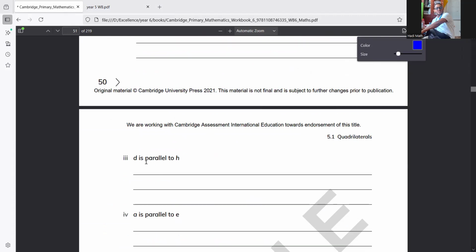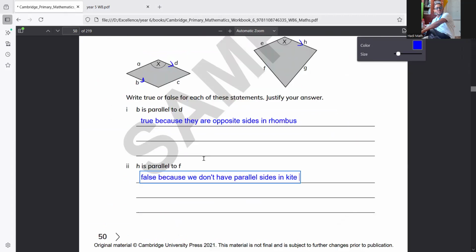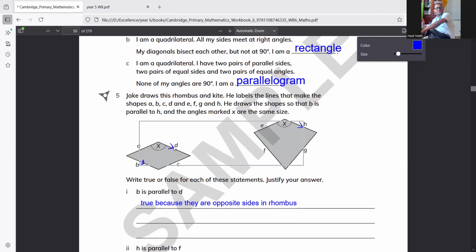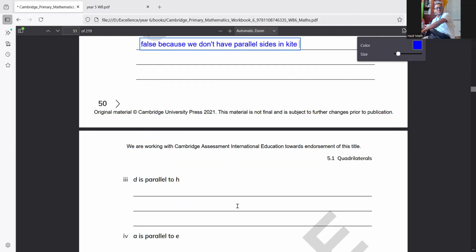They say D is parallel to H. That's true. Let's see how.